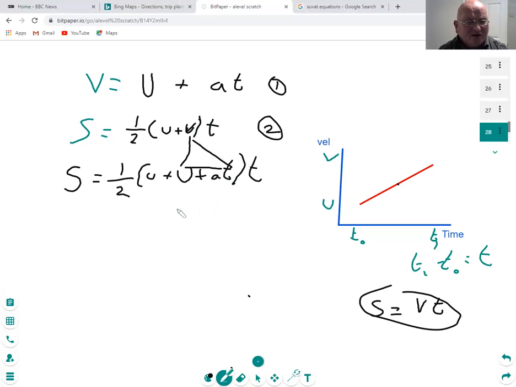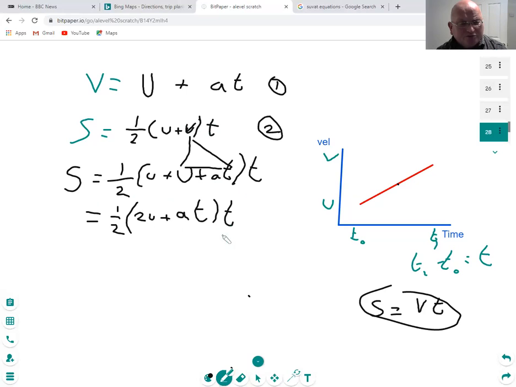Okay, so now we're just going to do a bit of manipulation, and we're going to say half of, there's 2 u's in there now, 2u plus at, not changing that. And that's still multiplied by t.